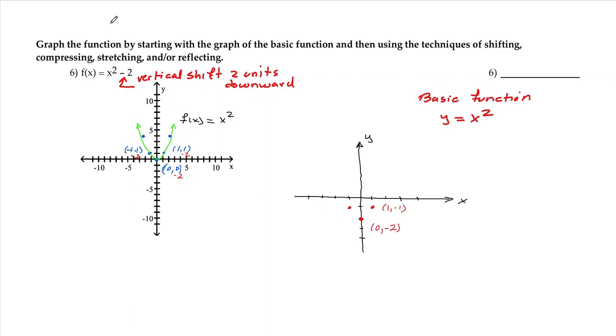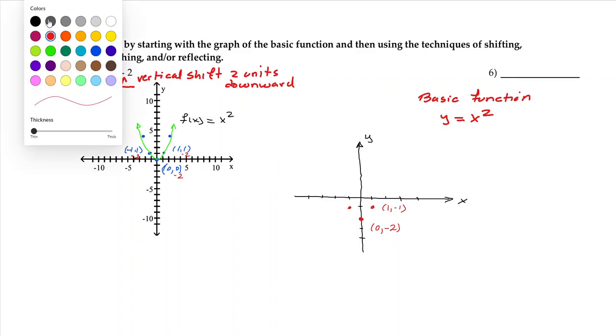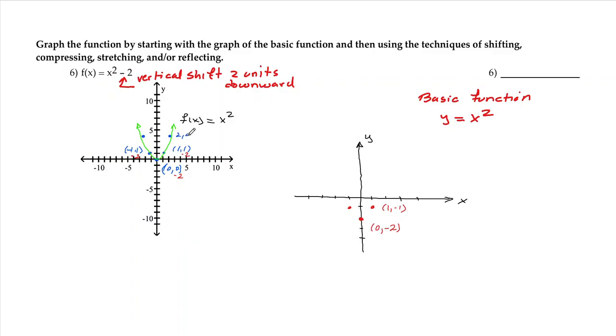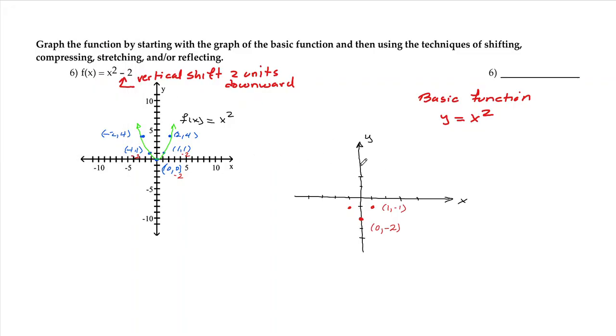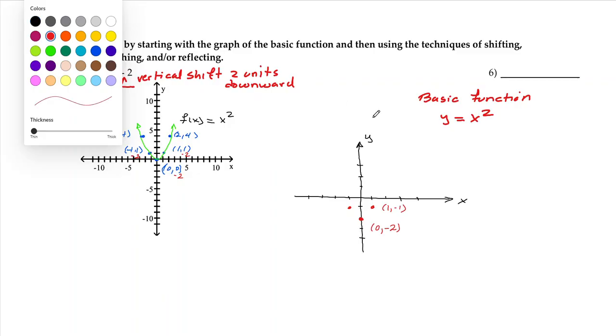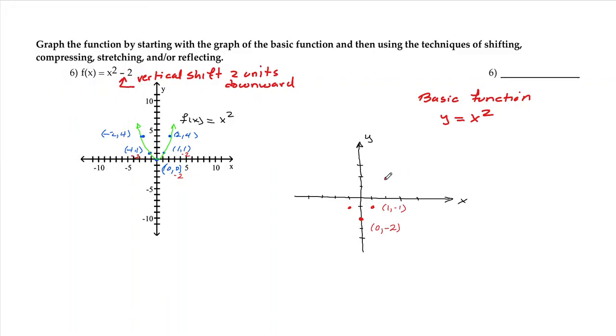Well, we know that these other points are 2, 4 and minus 2, 4, which would be this one. So if now I do the same, if I subtract 2 from the y coordinate of those points, 2, 4 goes to 2, 2, which is going to be here.